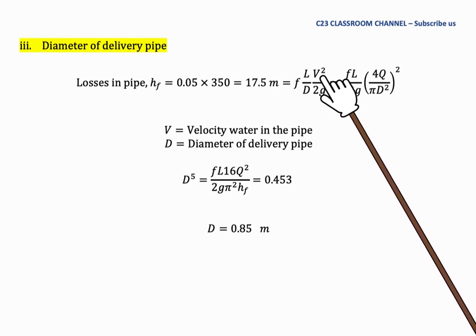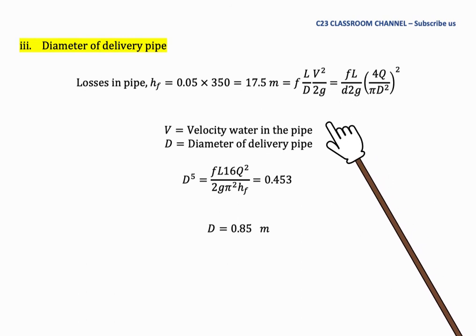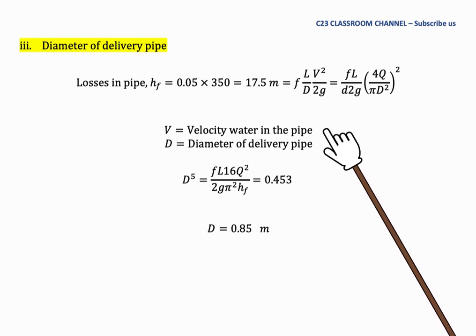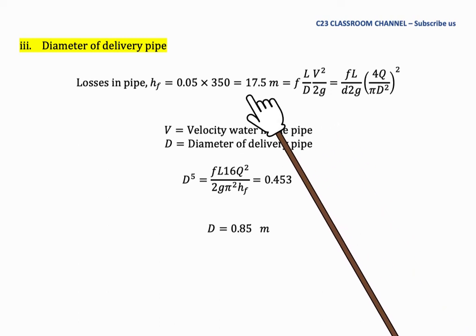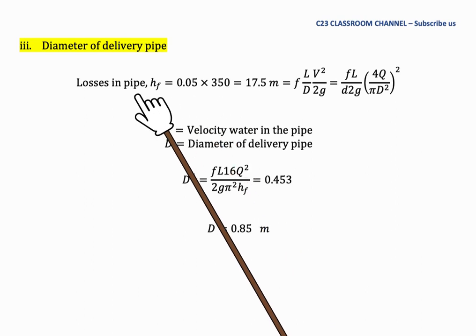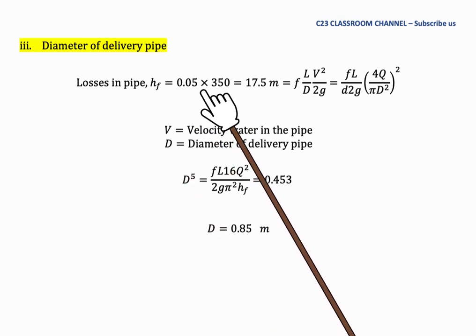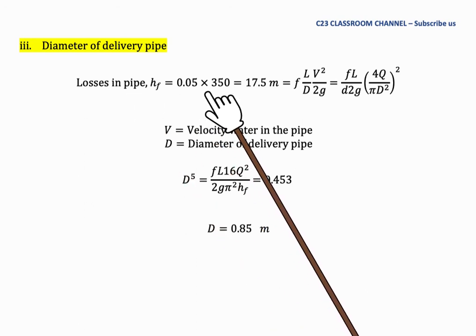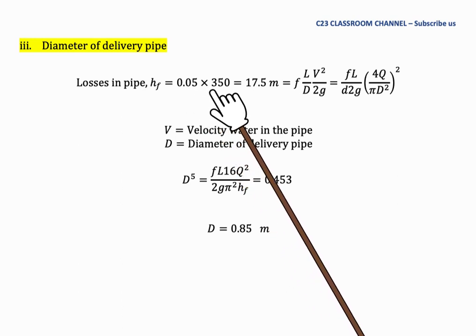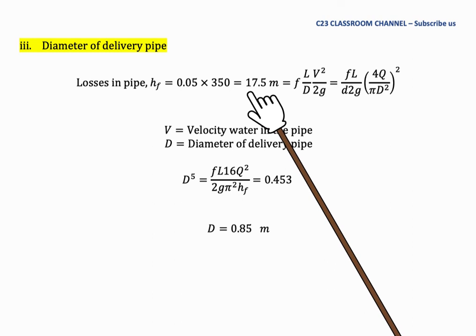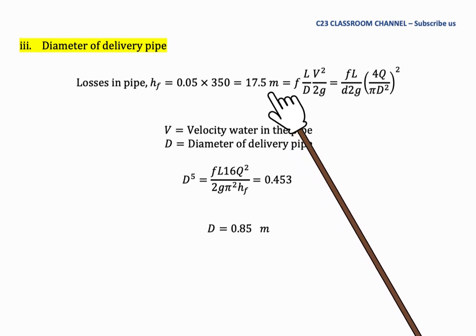And V here is the velocity of water inside the pipe, not the velocity of water jet. And in the question, it was given that the losses in pipe is 5% from the gross head. So 5% is 0.05 times 350, so it is equal to 17.5 meters.